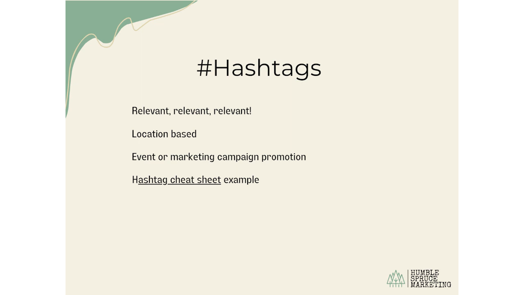You can search the hashtags and it shows you how many are on Facebook, how many are on Instagram. So that's a quick and dirty way just to see if it's something that people are using and looking for. You don't want to use all super generic ones or all really obscure ones, too specific or too long.